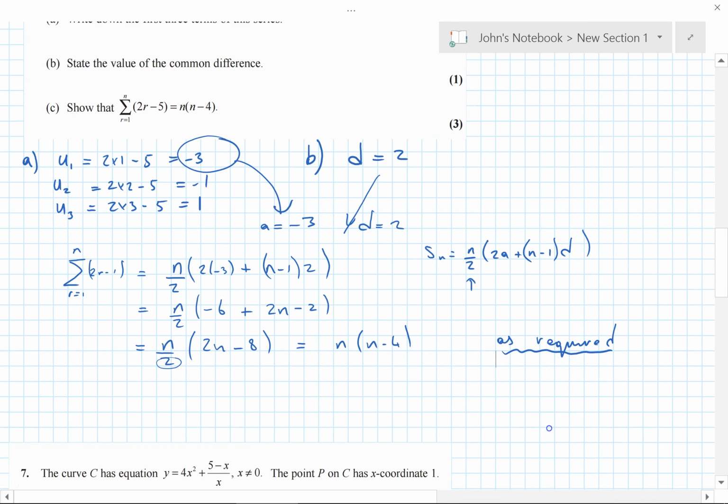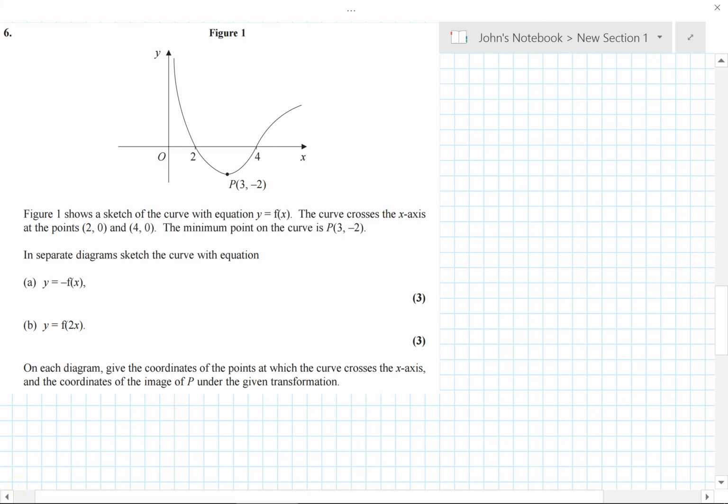Okay, on to the next question. So here we have a reflection, because if you think about it, this is going to swap the y coordinate here. Because the y coordinate changes sign, this is going to be a reflection in the x-axis.